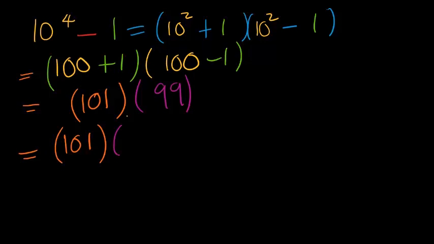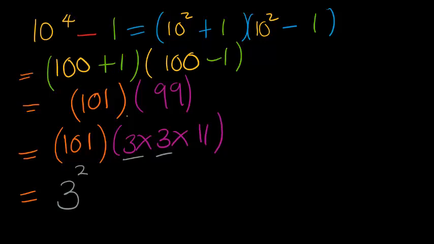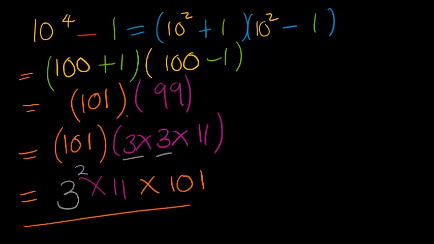The factors for 99 is going to be 3 times 3 times 11. All right, so my final answer is going to be, I've got 3 and 3's over there, so that's going to be 3 squared multiplied by 11 multiplied by 101. Those are the prime factors of the question.